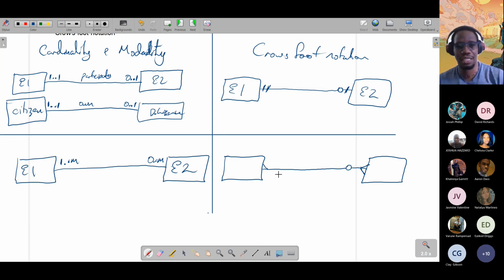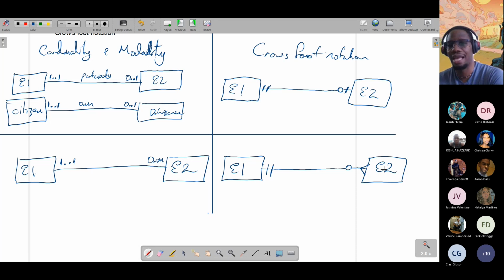And of course, sorry, this was supposed to be a one-to-many. So again, entity 1 has 0 or more instances occurring with entity 2, right?